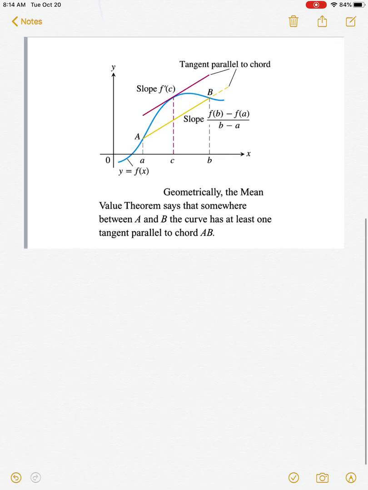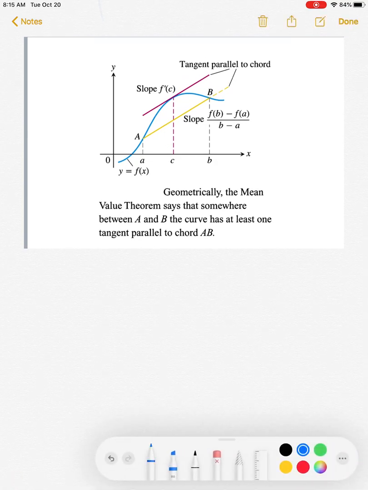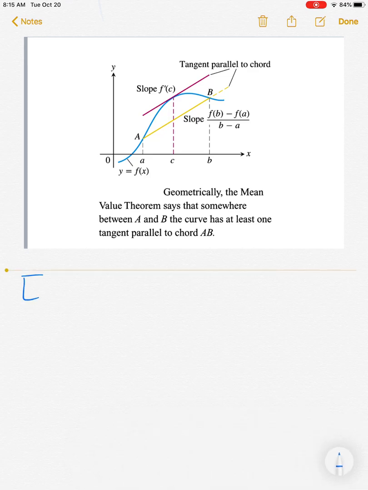Let's do an example. Let's say we want to find out what c is needed to identify the equivalent slope.